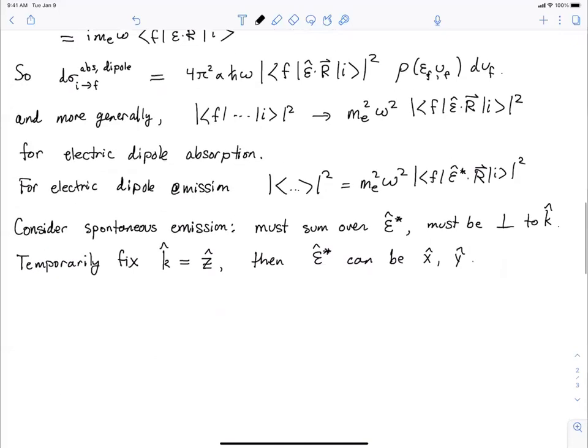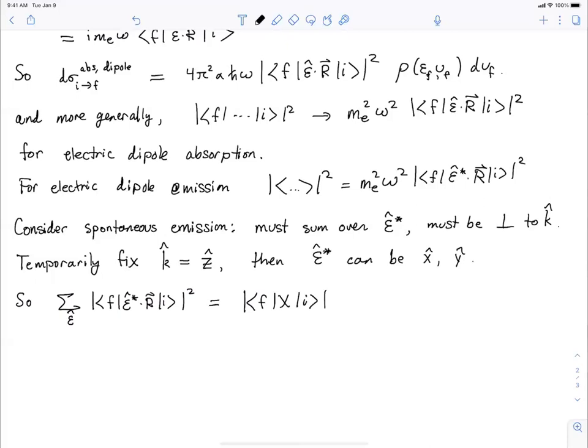Okay, and so if we do our sum over polarizations of our matrix element squared, that's just f_x initial squared plus f_y initial squared.